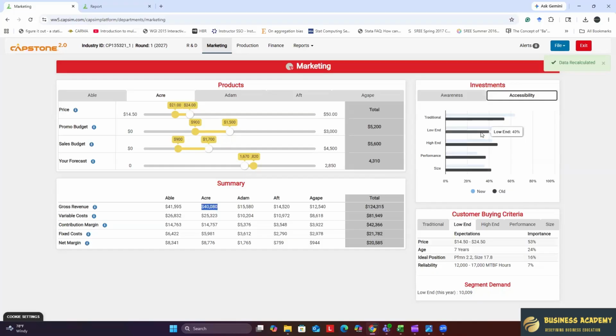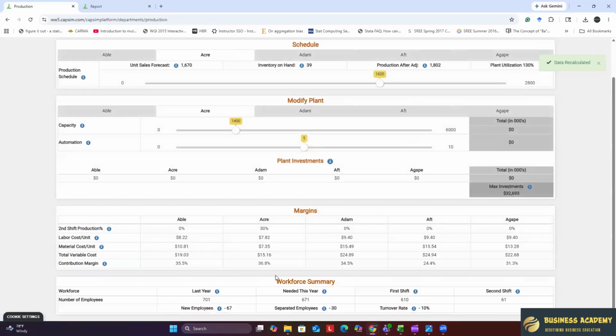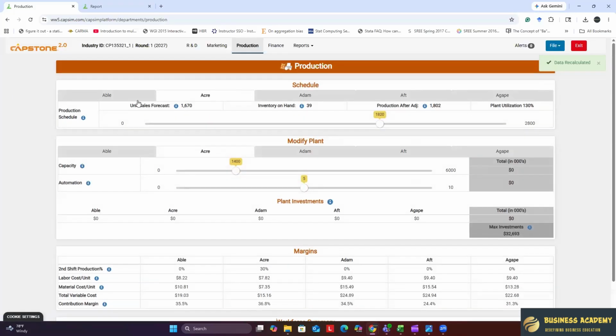So as you see, the older was 40, the new was 45, only a marginal increase because I need to increase my budget, but this round I will not, for the simple reason that I do not want to exceed my budgets. Now let me go look at my contribution margin. As you see, it's saying 36.8%, so I'm meeting my contribution margin requirement in there.